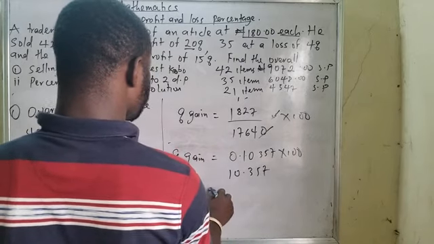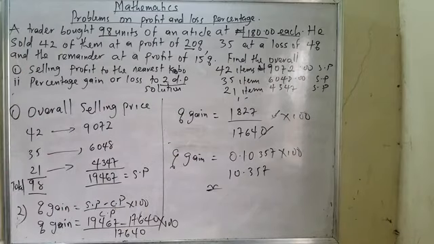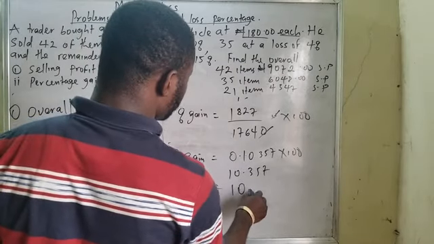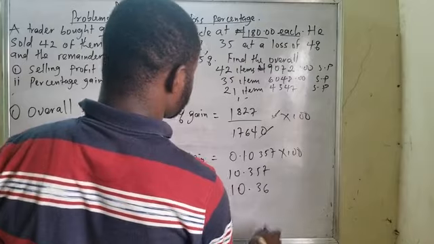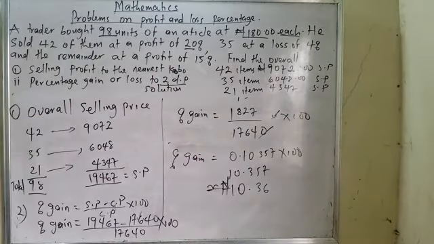Now, approximately equals to, because the question asks us for 2 decimal places, it will be 10.36. It means 10 naira 36 kobo. That is the answer. That is the 2 decimal place.